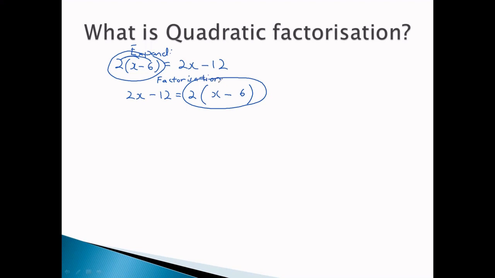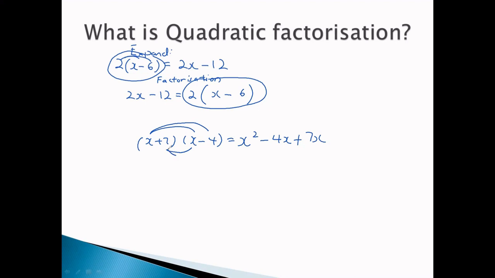Now, in a quadratic expansion, for example, I use x plus 7 and x minus 4. If I expand this, x times x will give me x squared. X times negative 4 will give me negative 4x. Positive 7 times x will give me positive 7x.